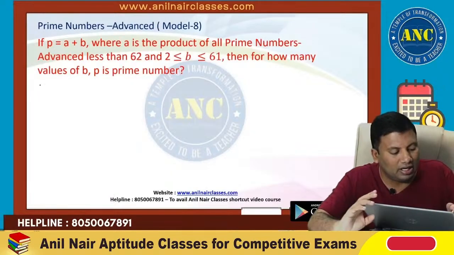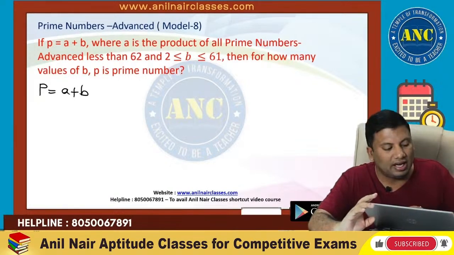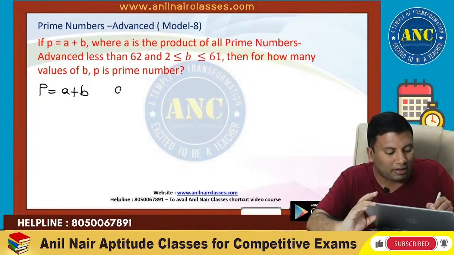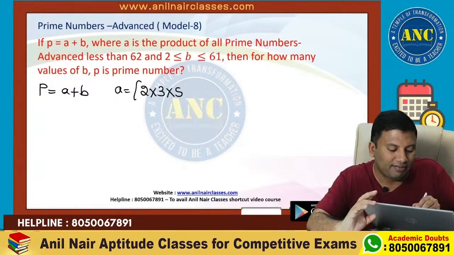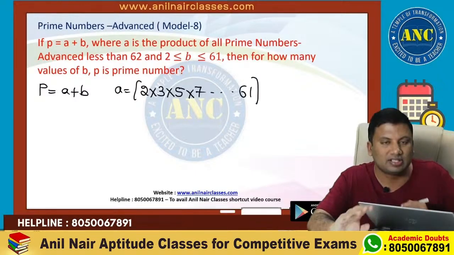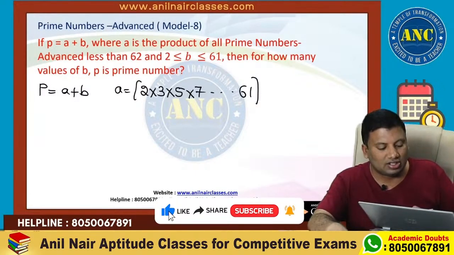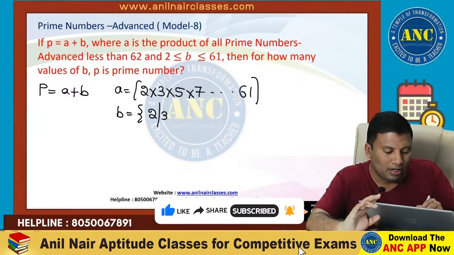Next one, P is equal to A plus B, where A is the product of all prime numbers less than 62: 2, 3, 5, 7 and so on up to 61. B is a natural number from 2, 3 and so on up to 61.